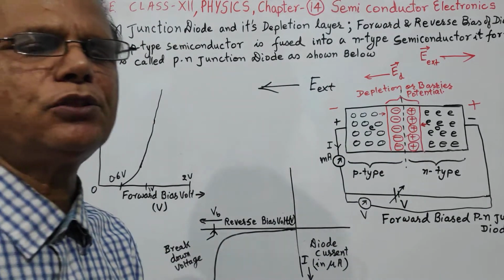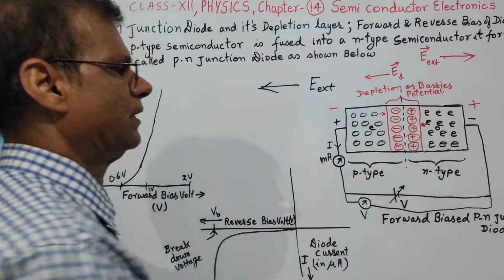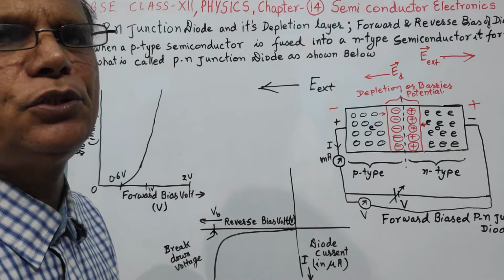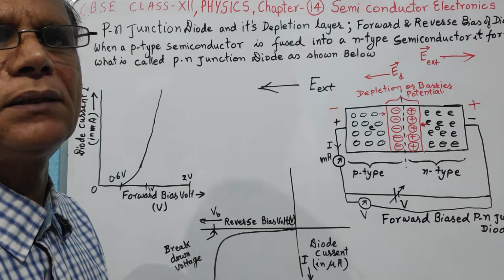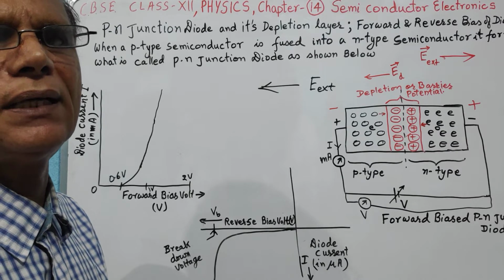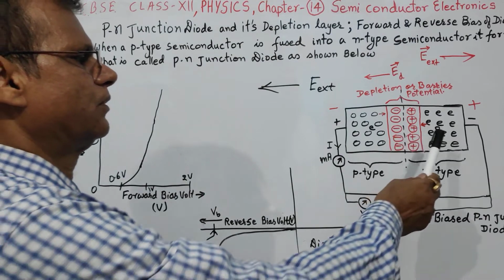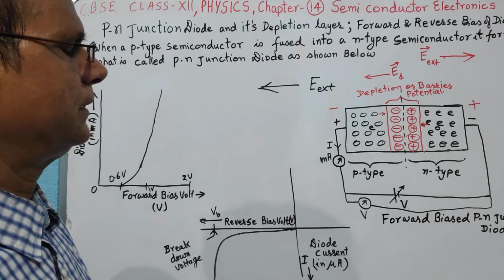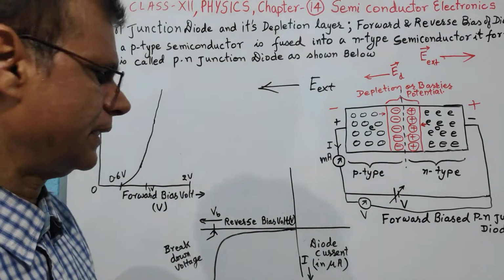However, the magnitude of current is very low because the minority charge carriers are very few in number, as they are created only due to the thermal energy received by the bonds, making electrons get freed and creating hole and electron pairs. This happens only with a few bonds, therefore we have only a few minority charge carriers, and therefore a very poor reverse bias current.